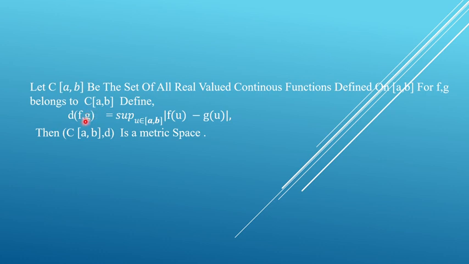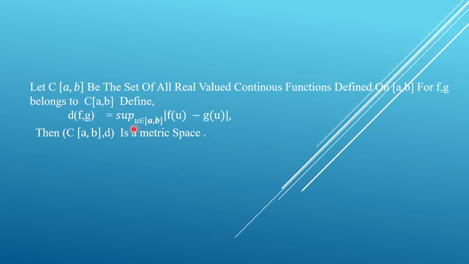Later on I will prove that it is a metric, but just for the sake of simplicity, let us call this a function. So the function d(f, g) I have defined as the supremum over u of the absolute difference between these two functions, |f(u) - g(u)|. Then we shall show that this space C[a, b], with respect to the function d, is a metric space.